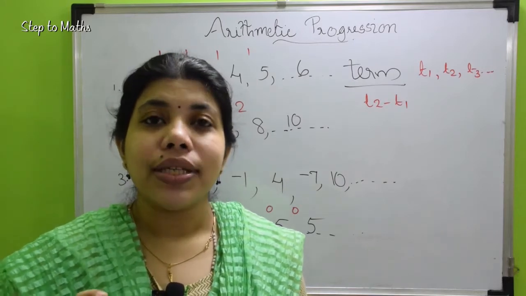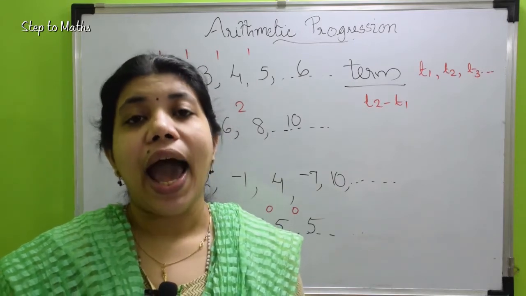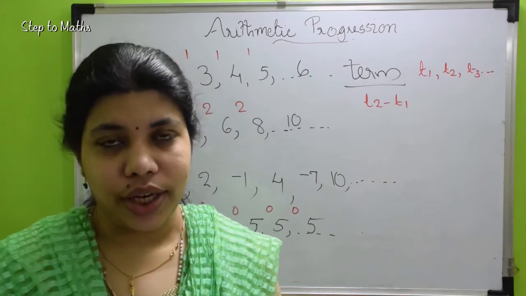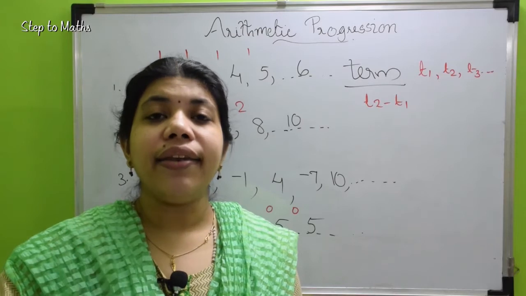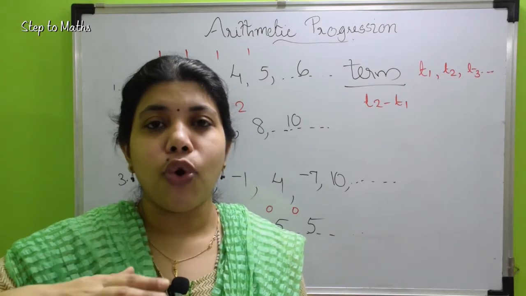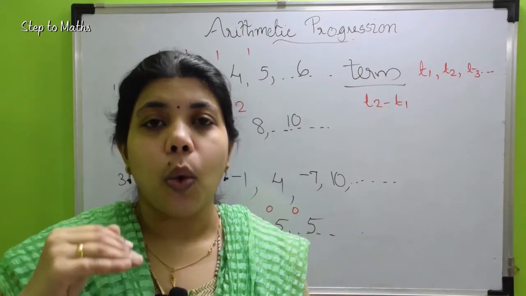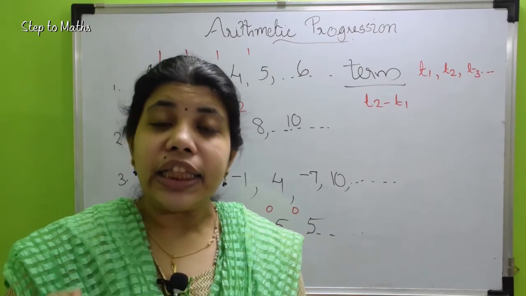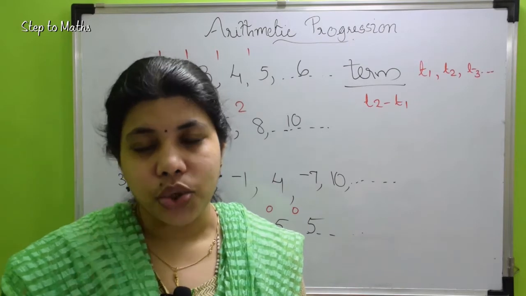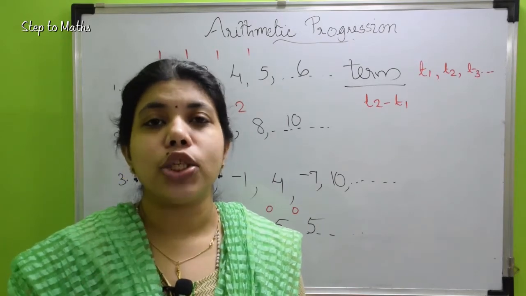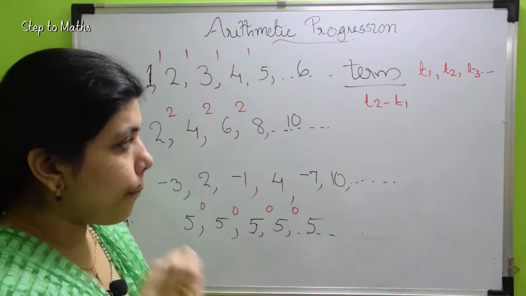That type of sequence is known as arithmetic progression. The terms in that sequence follow a particular order and the difference between consecutive terms is constant.